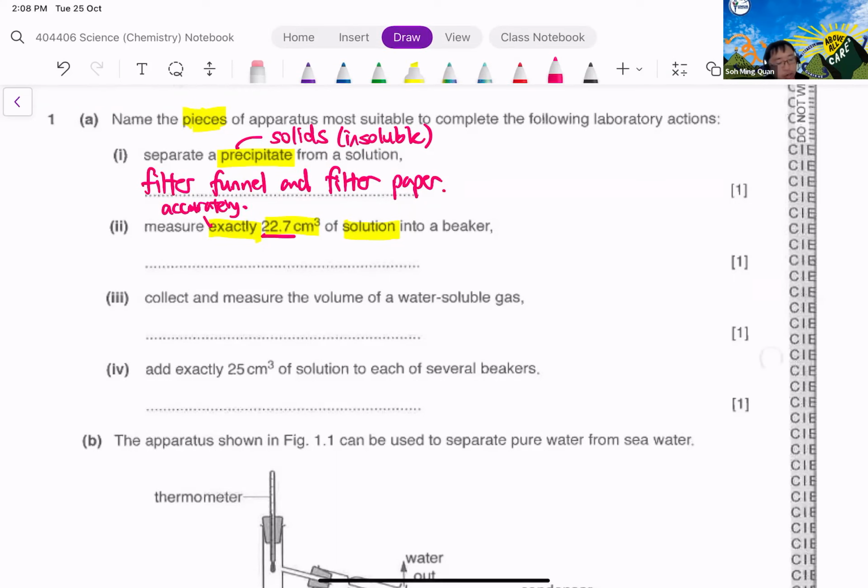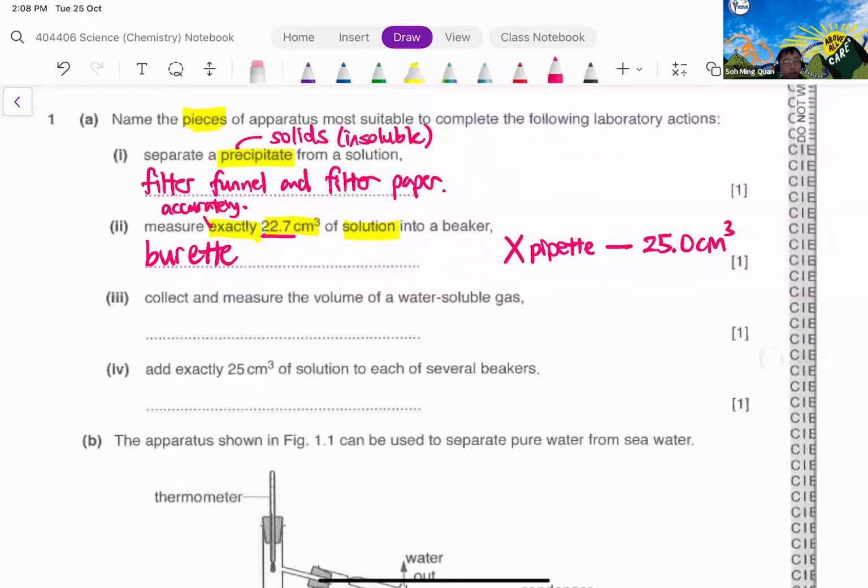Why not a pipette? Pipettes is only for 25.0 cm cube. Only 25 cm cube use a pipette. Now, this is tricky because that year, most students thought, oh, but burette is 2 decimal places, right? 22.7 is only 1 decimal place. Well, don't get tricked. The question may give you 1 dp, but you are expected to know that 22.7 is a volume that only a burette can measure.